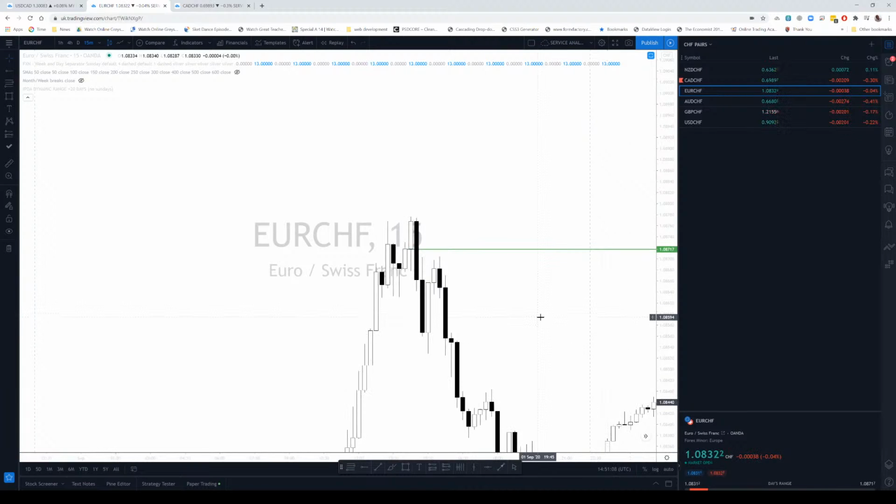If you have a wick, this is the rejection block that I always talk about, which is taught by my mentor, ICT. When he talks about the rejection block, the wick, you want to investigate the wick and see what actually happened inside there.